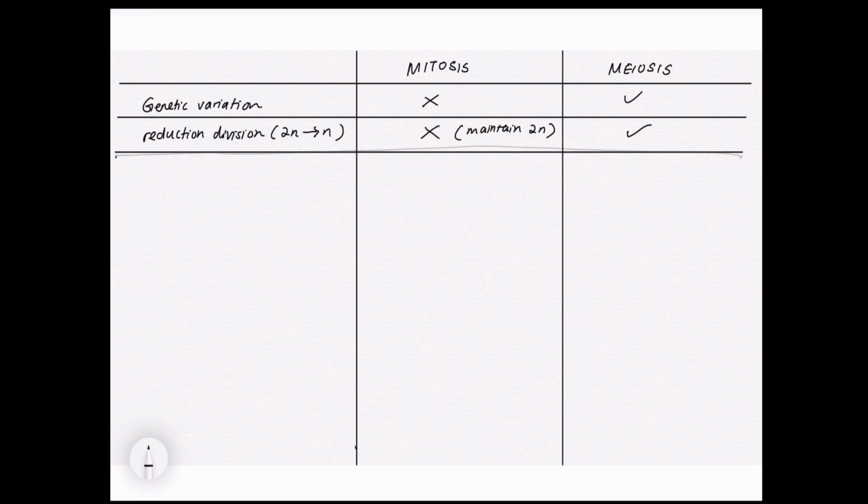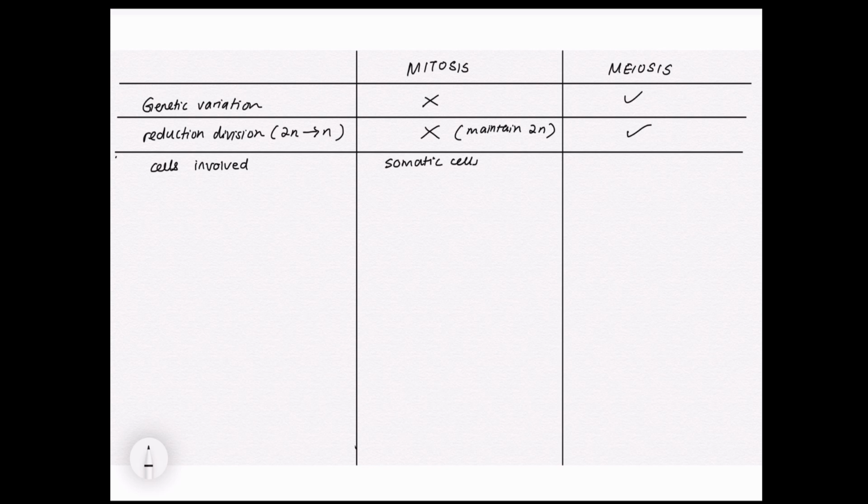So if we want to talk about where this takes place, the cells that are involved: mitosis happens in all the somatic cells, which means all your body cells, excluding the gamete formation.